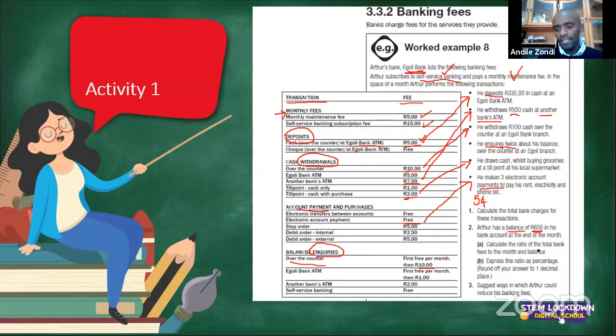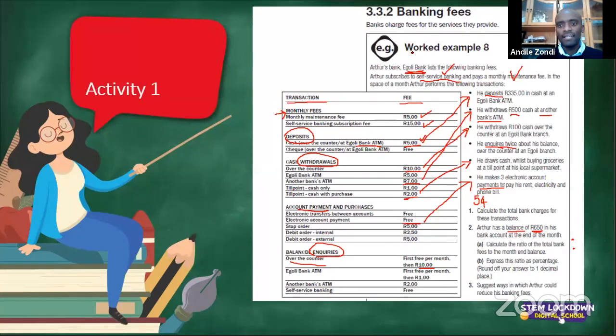When you're working with ratios, you must use a colon to separate your values. In this case, they want to know the bank charge to the monthly balance. Try to work on this question and determine the ratio.